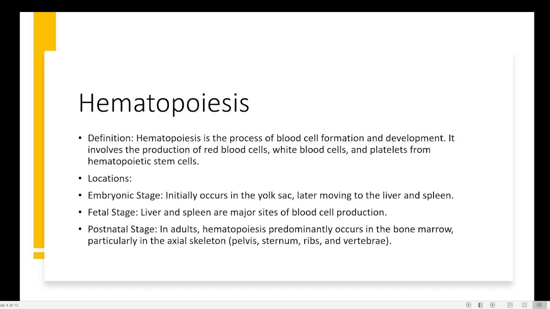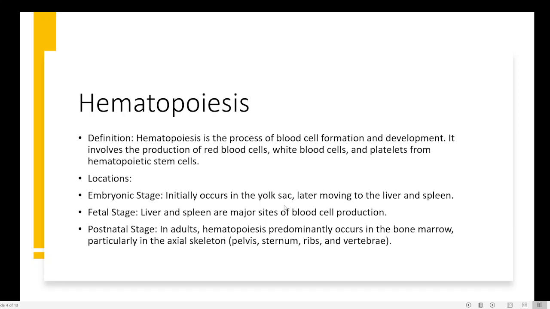Now where does this hematopoiesis normally take place? At the embryonic stage it occurs in the yolk sac, and later this will be happening in liver or spleen. At the fetal stage, where the baby has developed a little more, liver and spleen are the major sites of blood cell production.